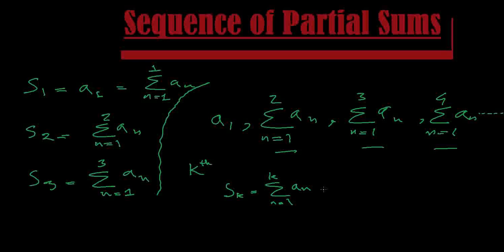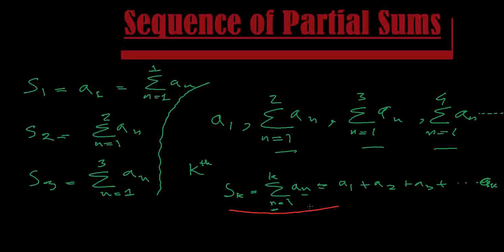We are finding the sum of the first k terms, which is a1 plus a2 plus a3 plus up to a_k, and the index is always going to be n because we are denoting the number of terms with n. Suppose we used b or c to denote the terms, then we would also have to write b or c here.